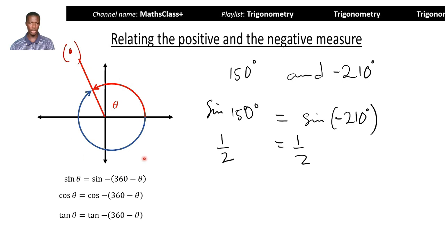When you take a complete revolution and you take the red portion out, the remaining portion, when you negate it, goes to the other side. And the same thing applies with cos and tan as well. So you can check to verify for all of them.